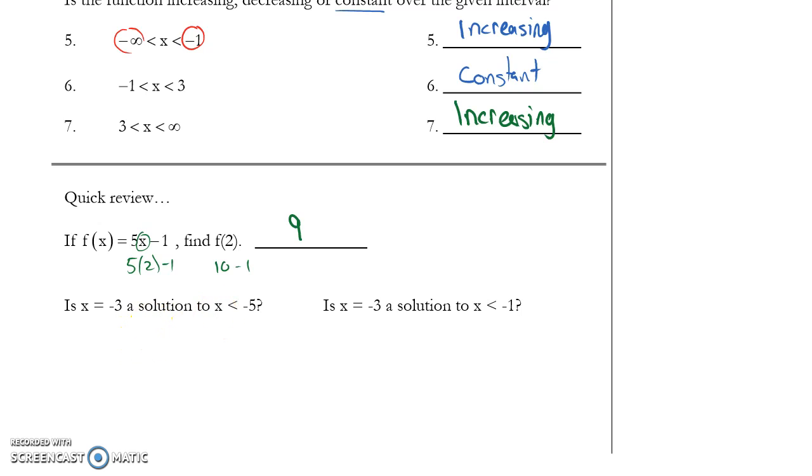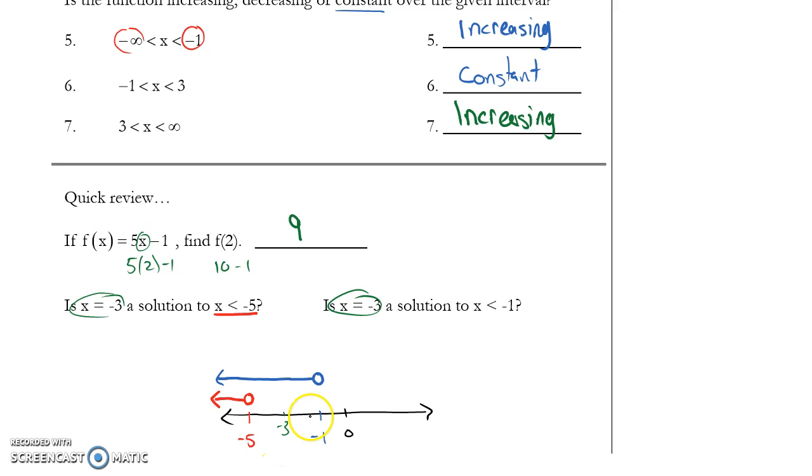Press pause and identify if x equals -3 is a solution. To help us answer this question, I've drawn the two different graphs down here. First, x is less than -5, open circle and left. Second, x is less than -1, open circle and left. In both cases, I'm asking if x equals -3 is a solution.